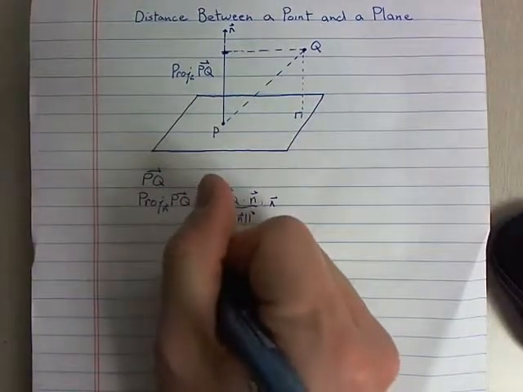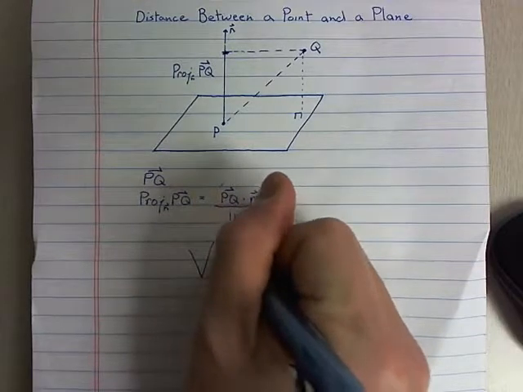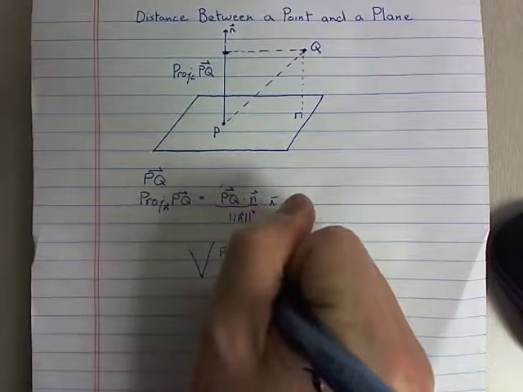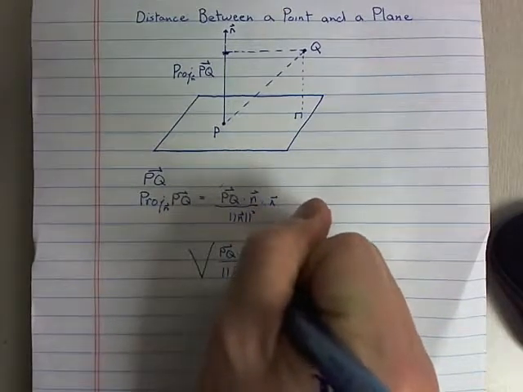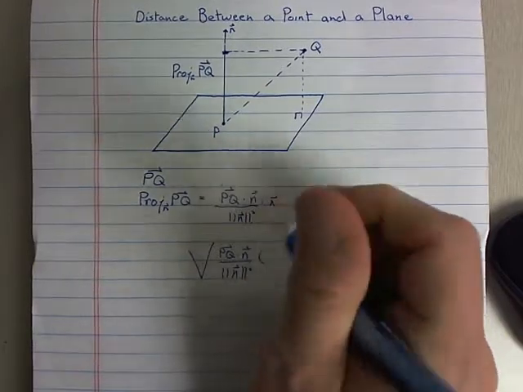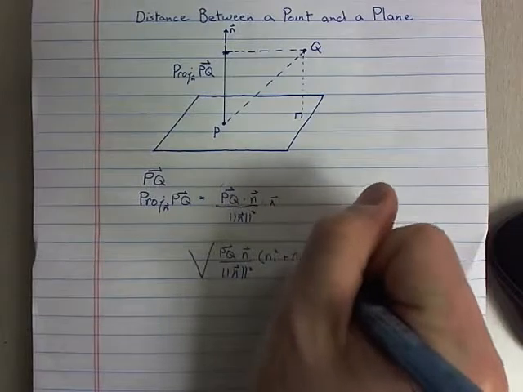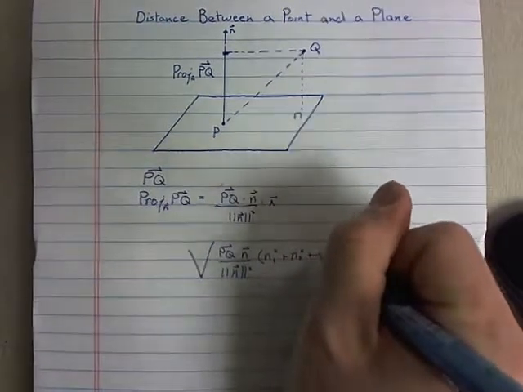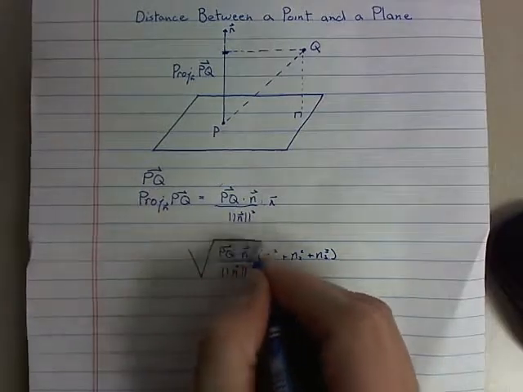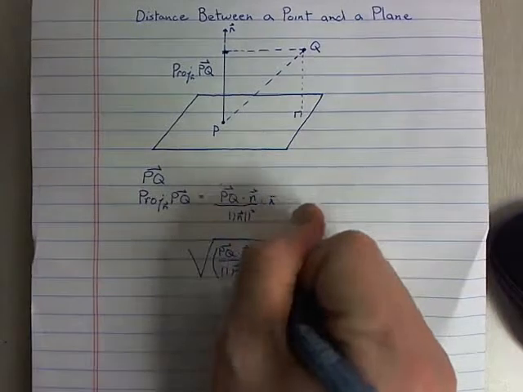It would just be the square root of PQ dot N over the magnitude squared, times N1 squared plus N2 squared plus N3 squared, in other words, the components of the normal vector. And of course this part right here would be squared.